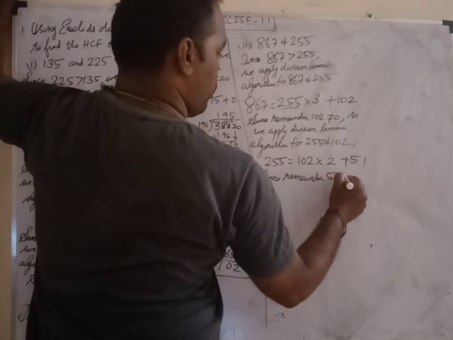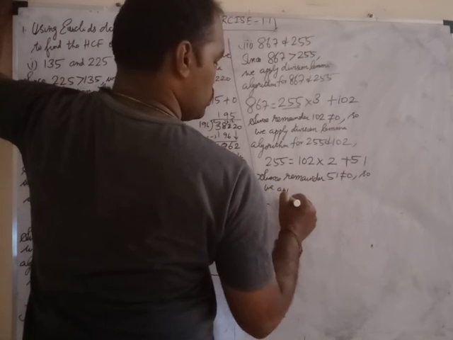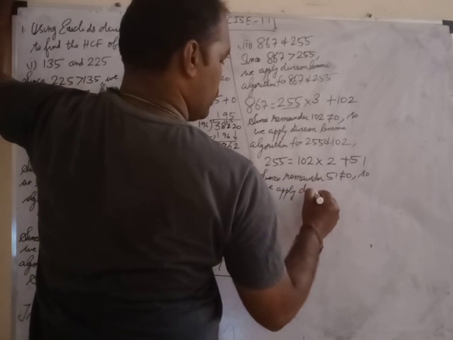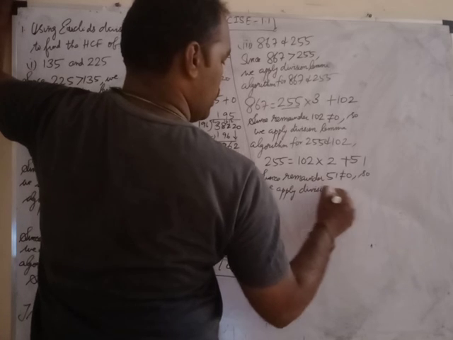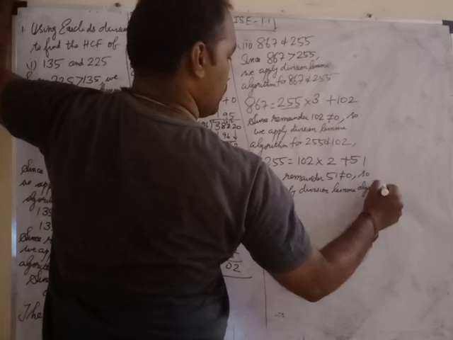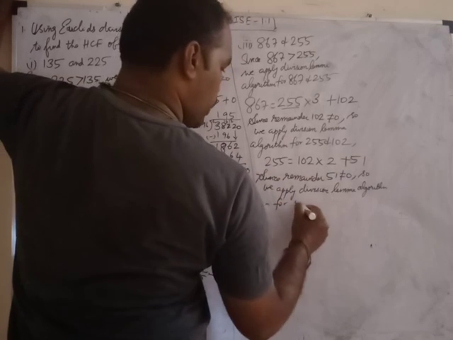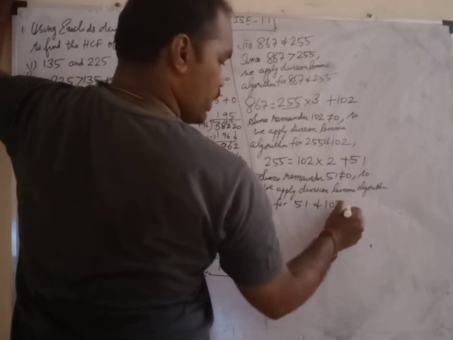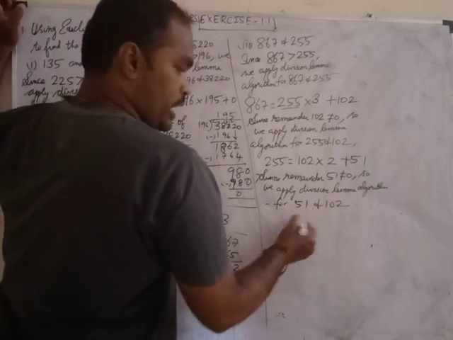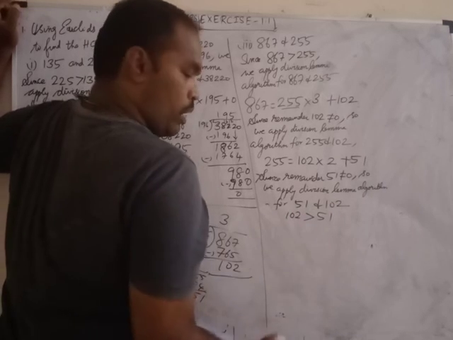Since remainder 51 is not equal to 0, we apply division lemma algorithm for 51 and 102. Okay, so which is the greatest number? 102 is greater than 51.